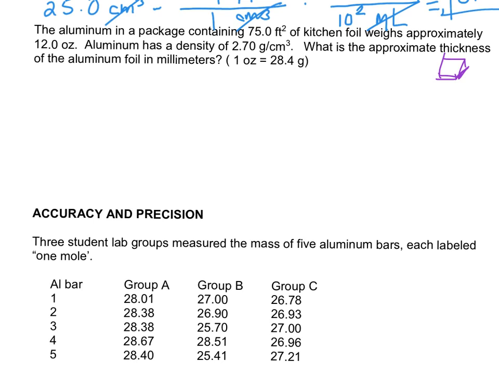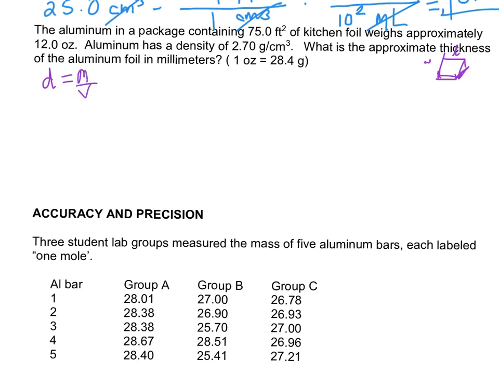They give us the area of it. So the area is the length times the width. They give us the mass of it. They also give us the density. And we want to figure out the thickness. So basically the height of it. So let's see what we can do. Well, we know that if they give us the density, the density is mass over volume.